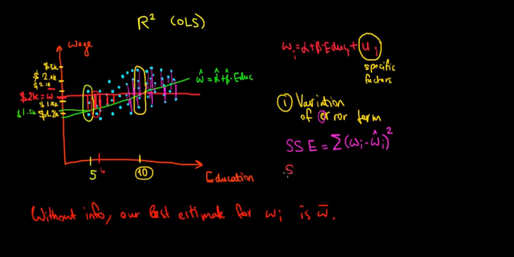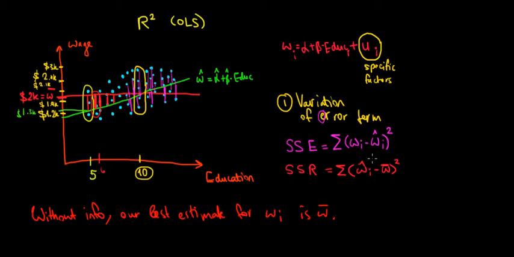So we would have the sum of squared differences explained by our regression, which we usually note SSR, which is a sum of the differences between the predicted values for an individual and the average wage in the sample, our best guess, and we take them to the power of 2.